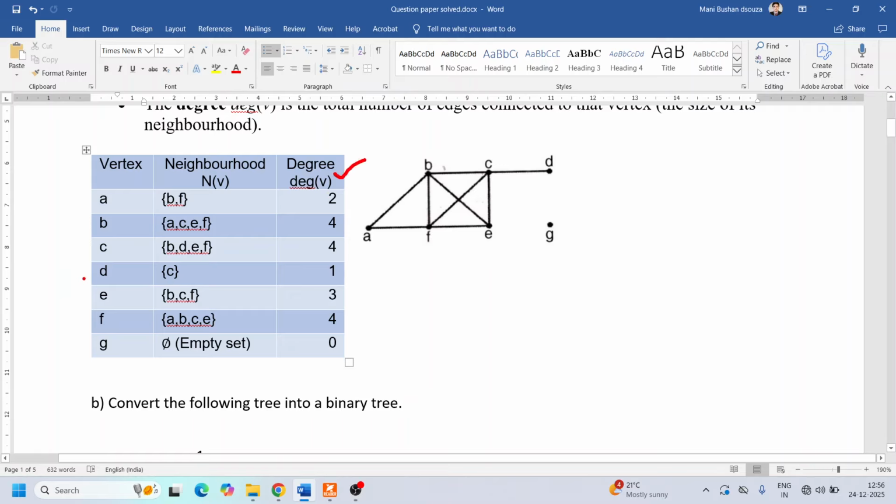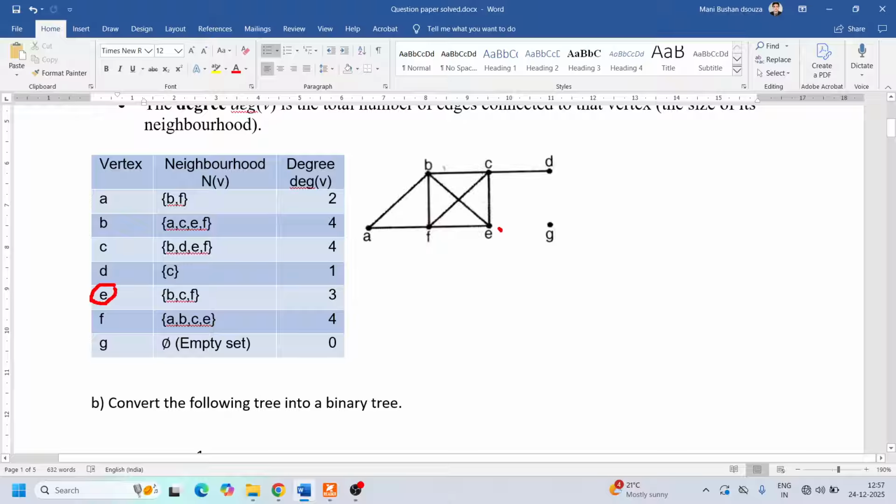Let's look at the vertex D here. Vertex D, you notice that it is connected to only one vertex, and that is C, by an edge. So the neighborhood of D is only one, that is C, and it is connected by one edge, so its degree is going to be 1. Let us look at the next vertex E over here.